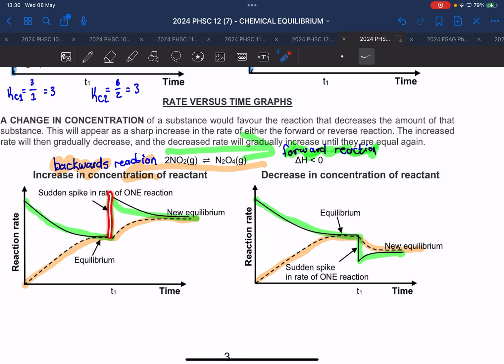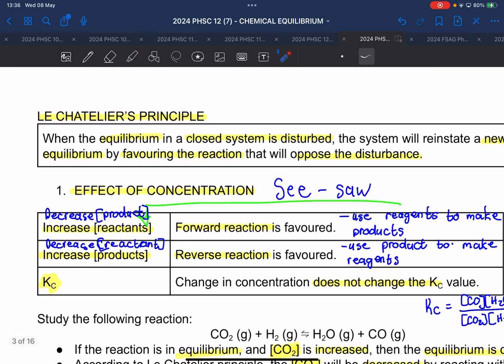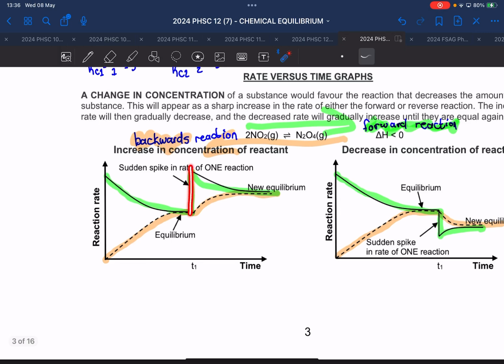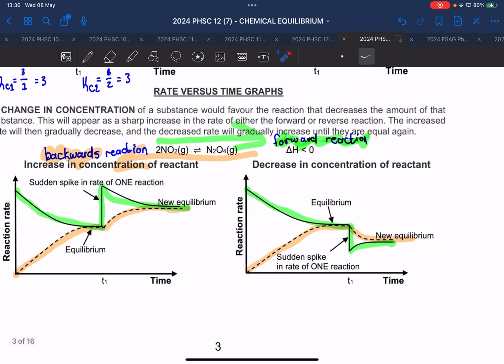And it will be the forward reaction because we increase the concentration of a reactant. So if we increase a reactant, the forward reaction is favored. So there will be a sudden jump in the rate of our forward reaction before it reaches a new equilibrium.